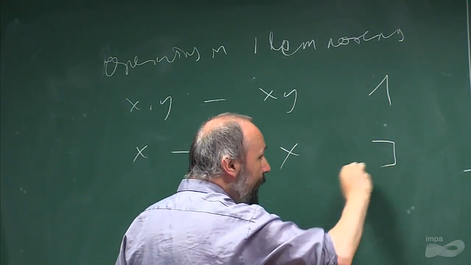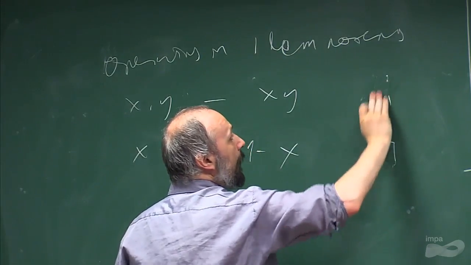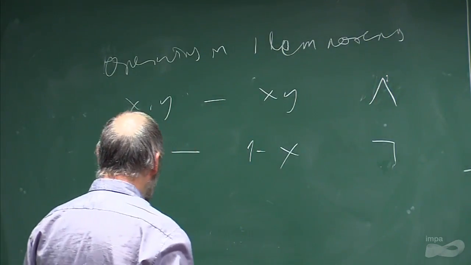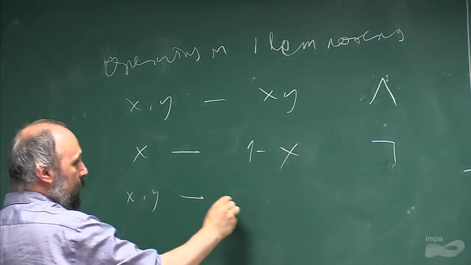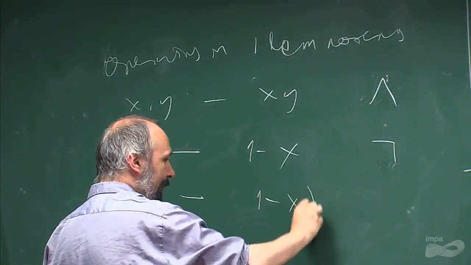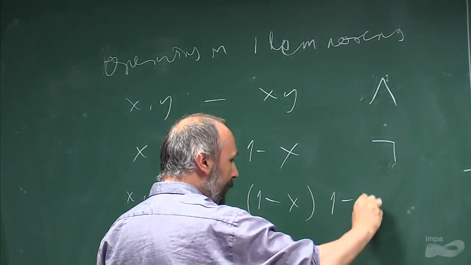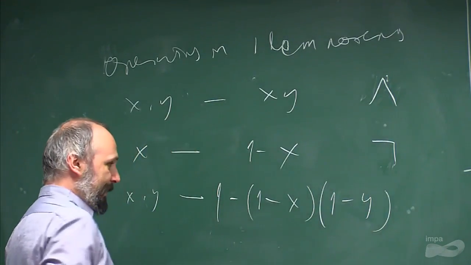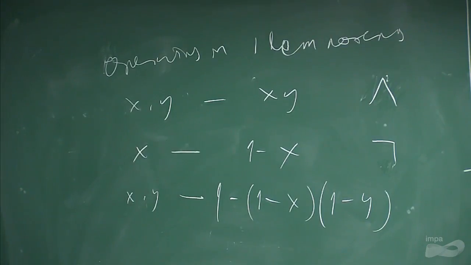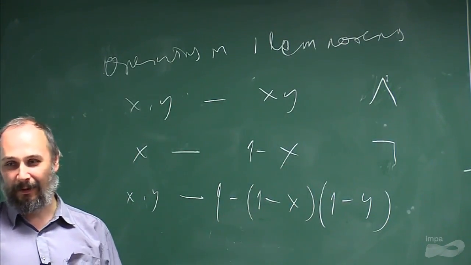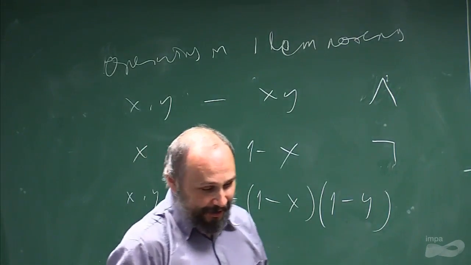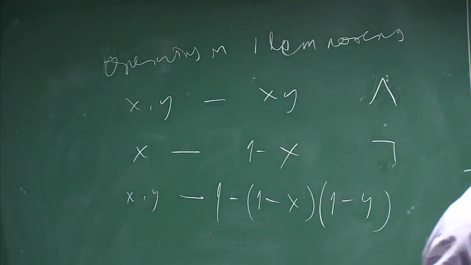This is negation. And then you have disjunction, the OR operation, which is xy goes to 1 minus (1 minus x) times (1 minus y). So the product of idempotents is idempotent, 1 minus idempotent is idempotent. And you can check that all relations in Boolean algebra are satisfied.